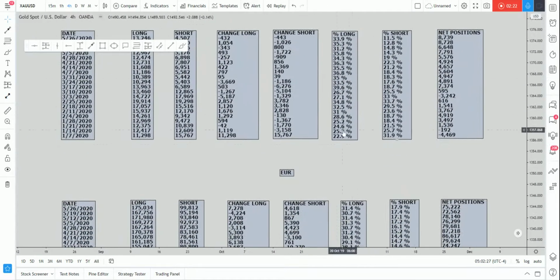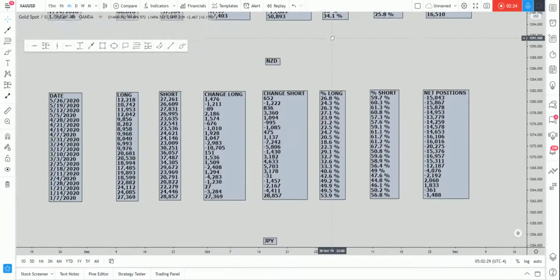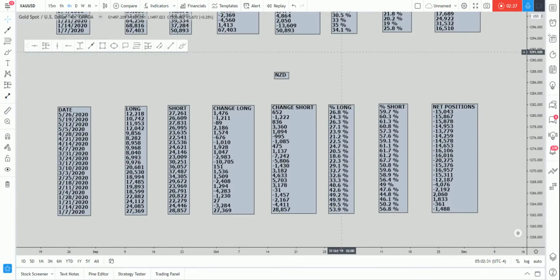Now, if we check the COT data for the NZD, we are actually checking NZD USD, which is exactly what we are interested in because all currencies on the spot are traded against the USD. So if you check the NZD, you're actually checking NZD USD.